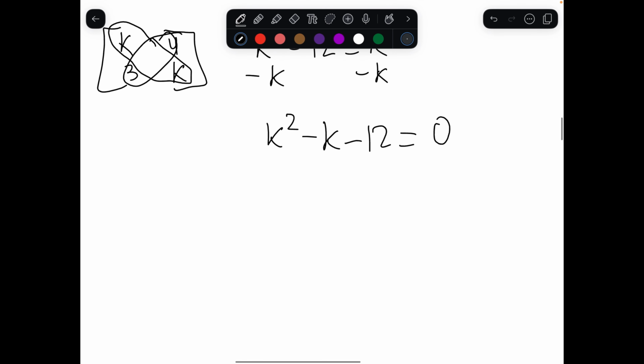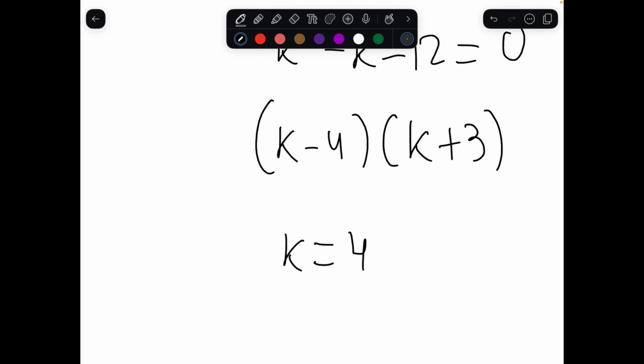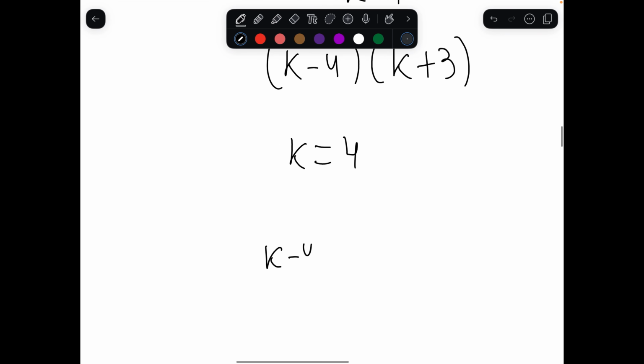And now, if we factor this, this can be broken into, I think, K minus 4 and K plus 3. Let me just double check. Yep, that's right. K minus 4 and K plus 3. This can be factored into that. And if we solve for K, we set K minus 4 equal to 0.